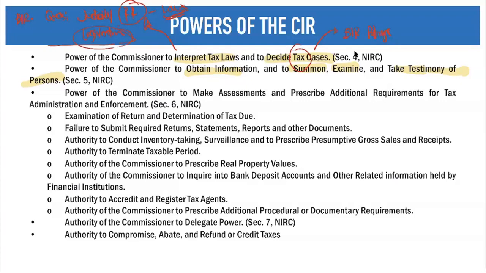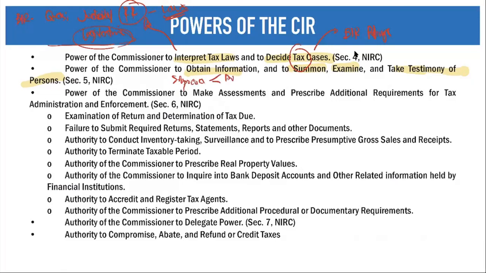Now, in obtaining information, they can also summon, examine, and take testimony of persons. So when we say they can summon, examine, and take testimony of persons, they can subpoena a particular person just to determine the correctness of a particular tax return. So when we say subpoena, under the law, we have two types of subpoena.